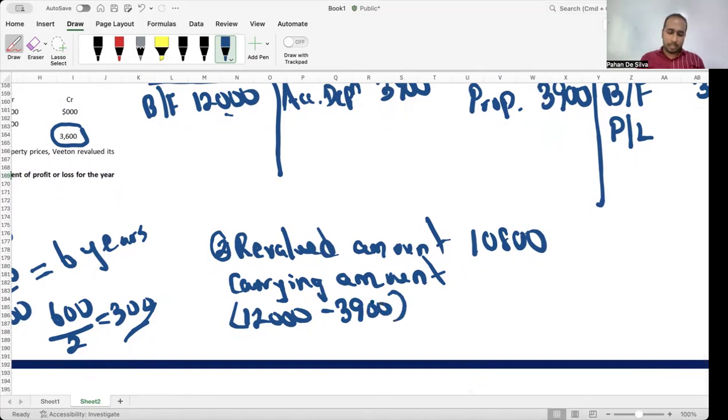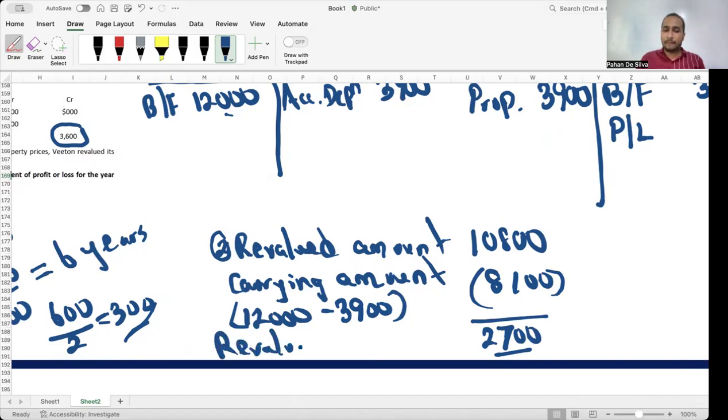So 12,000 minus 3,900 is 8,100. So 10,800 minus 8,100 means we have a revaluation gain of 2,700.